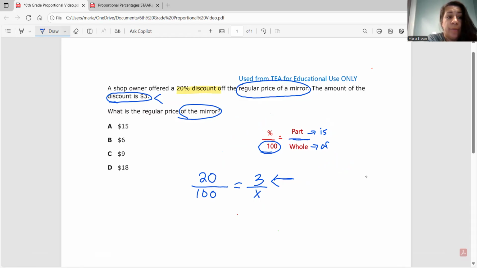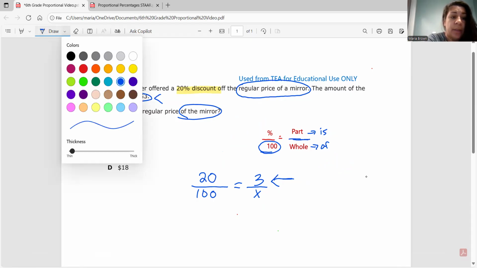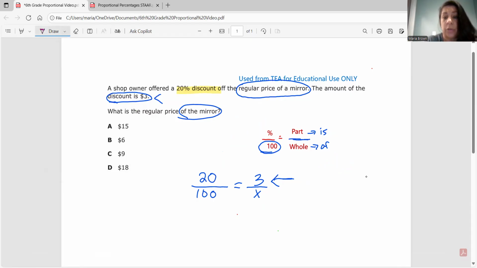Step 2, if you go to my instructions that I have laid out for you in video 1 and 2, is that we have to cross multiply once we set up the problem. The problem is set up, so we're going to cross multiply here. Sorry, my pen is giving me some issues.